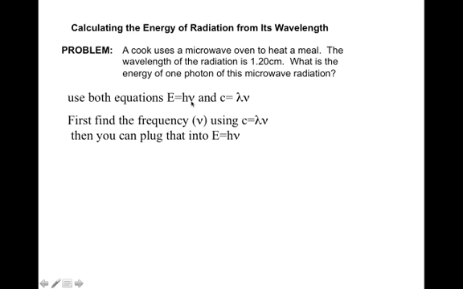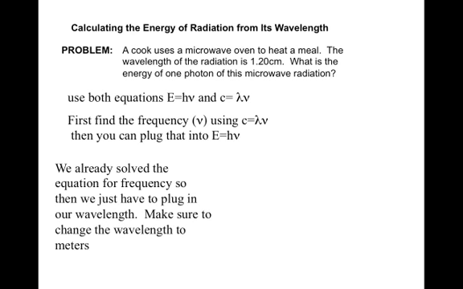Okay, so first we're going to find the frequency using c equals wavelength times frequency, and then you can plug that into energy equals Planck's constant times frequency. We already solved the equation for frequency just a few minutes ago, so let's take a look at that, which was the speed of light divided by the wavelength equals the frequency.